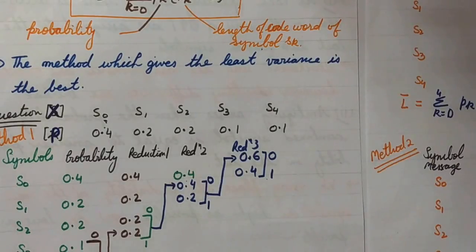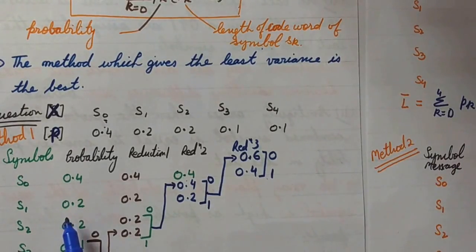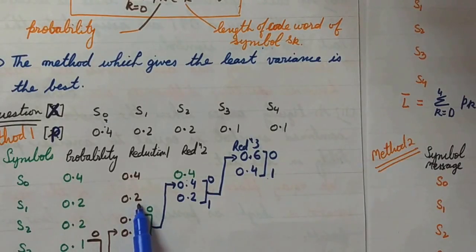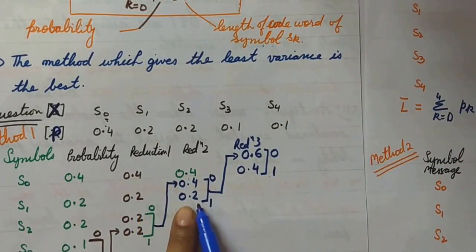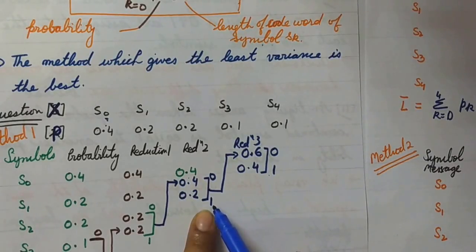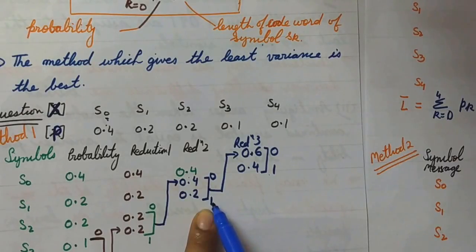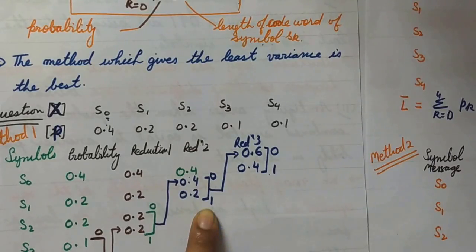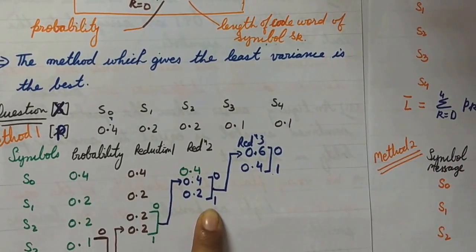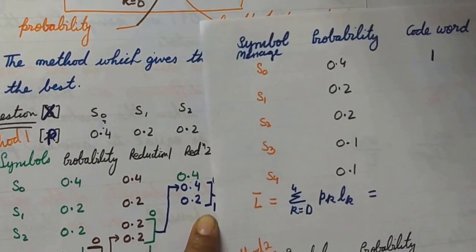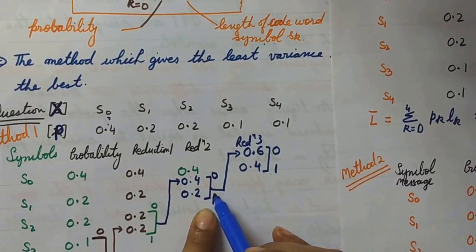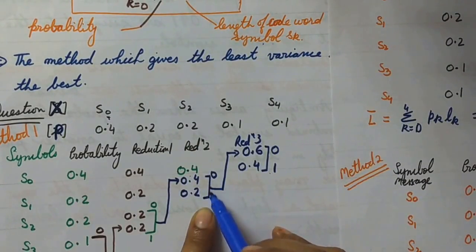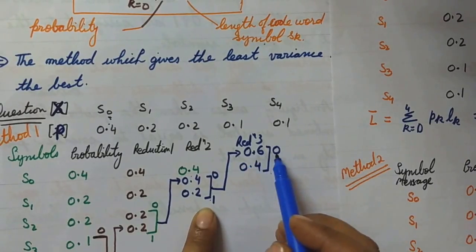Now for the code of S1, 0.2, no assignment till now. Here 0.2 has got 1. Whichever bit you are getting, you just start writing it in the backward direction. Means the first bit is the LSB. See, 0.2, you have got 1, then this 0.2 has moved after combining and formed 0.6, and you have got 0.